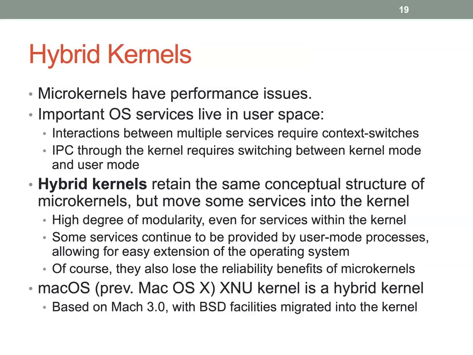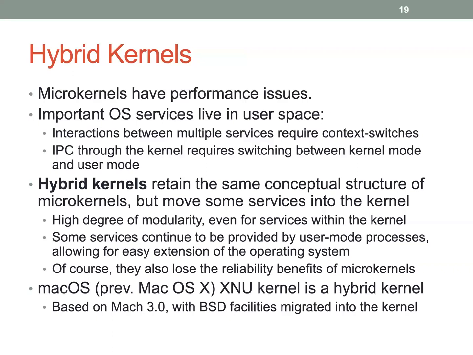So some of the facilities are migrated back into the kernel to make it more performant. And so when we talk about memory management in XNU and Mach, you can do experiments on your Mac that show you those details. It's quite interesting. So we'll talk a little bit about that in the future.